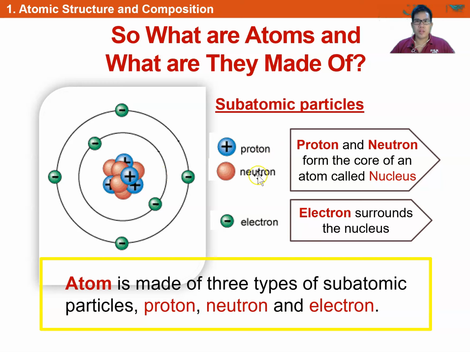The protons and neutrons form what we call the core, and the electrons surround it on the outside. So every atom has this basic structure: protons and neutrons in the middle, and the electrons in the outer shell.